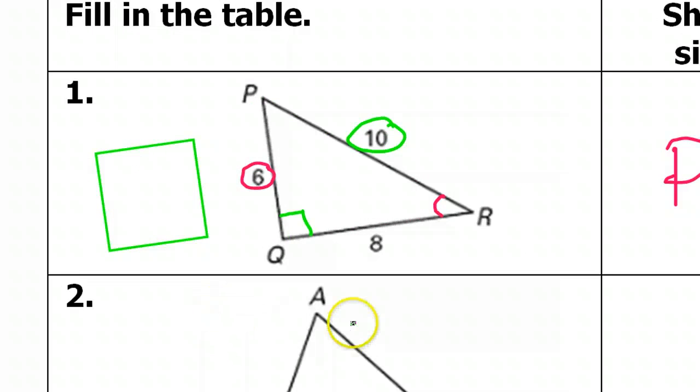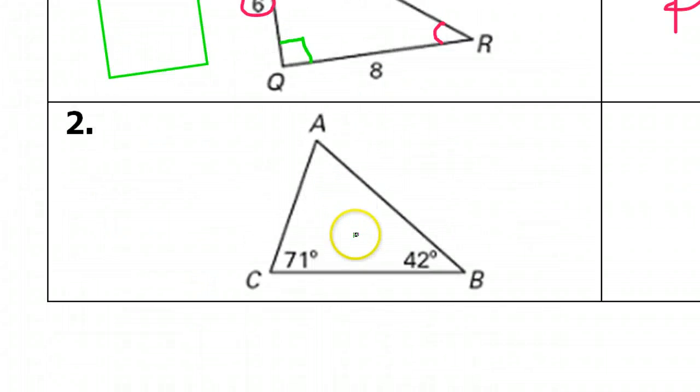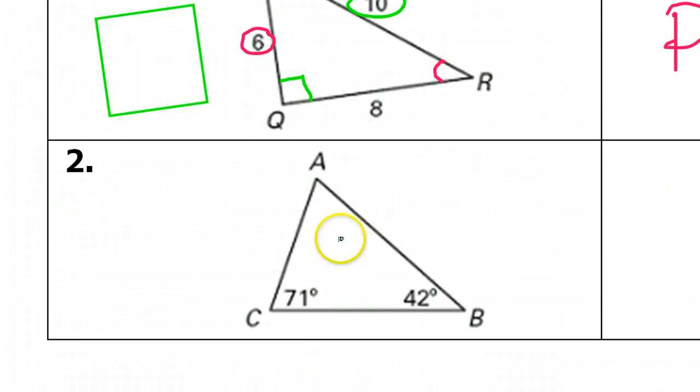Okay, what about number 2? First of all, let's figure out what this other angle is. All of these angles should add up to 180. So if I start with 180 and subtract, I should end up with this.